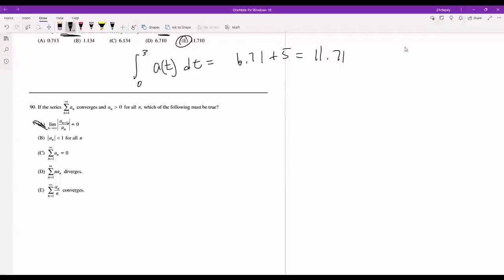The absolute value of a sub n is less than 1 for all n. No, that's not necessarily true.